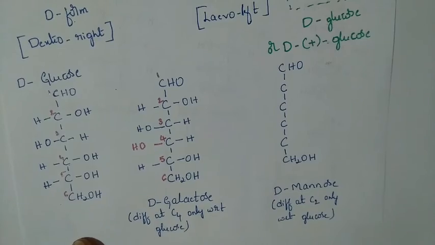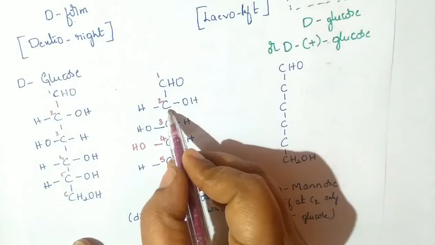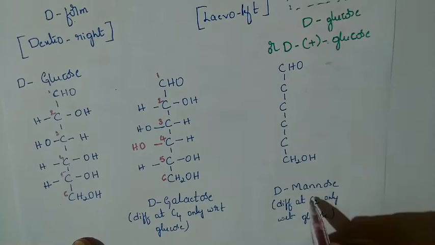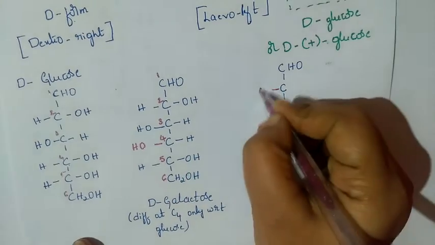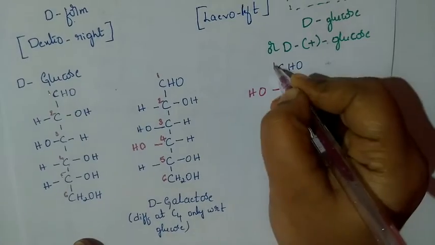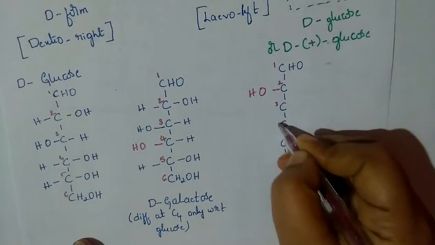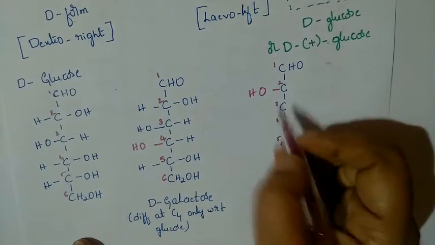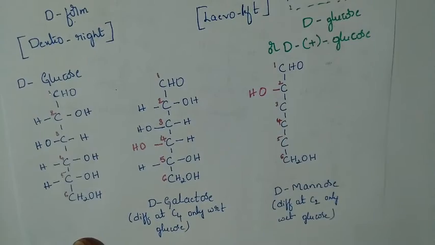Okay, so you can see that in glucose the second carbon OH is on the right side, but in mannose, OH is on the left side. This is first carbon, second, third, fourth, fifth, and sixth. So in mannose the second carbon OH is on the left side. Remaining everything is as in glucose.